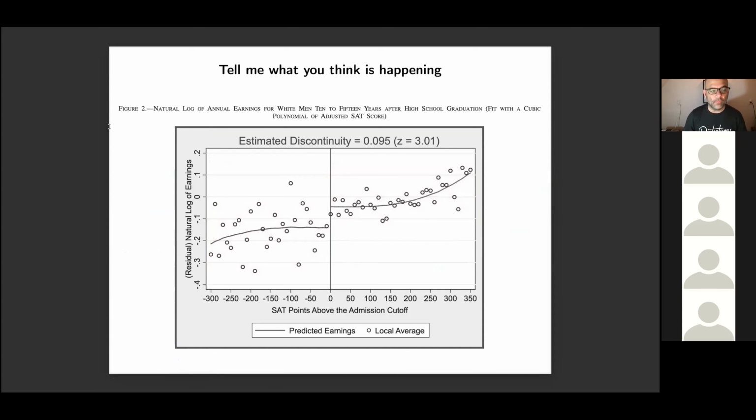So our goal in this lecture is, first of all, to learn more of the mechanics and the language around this graph. Lots of strange terms we need to learn. Number two, examine the identifying assumptions.